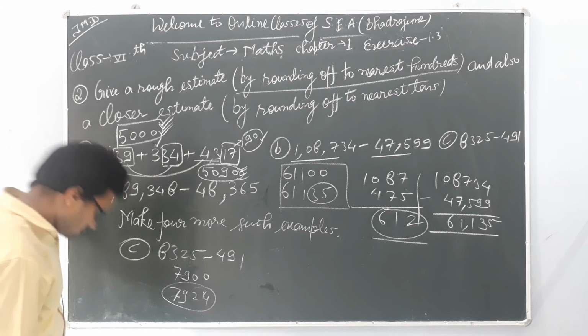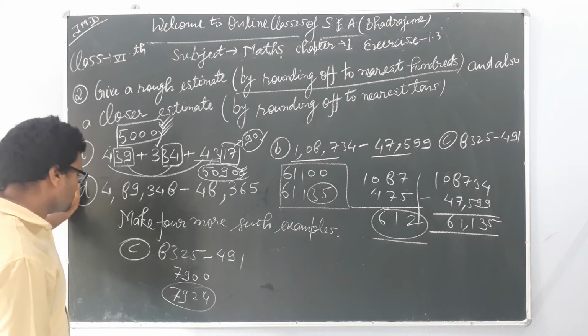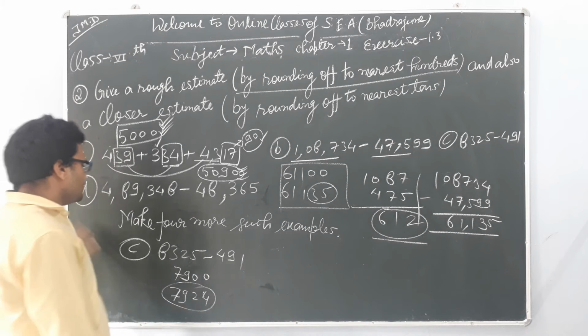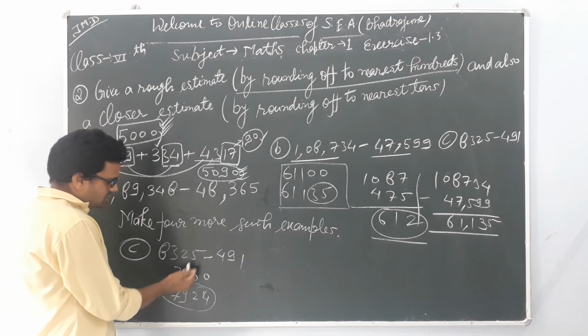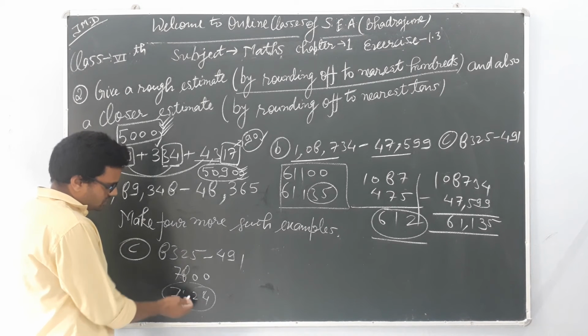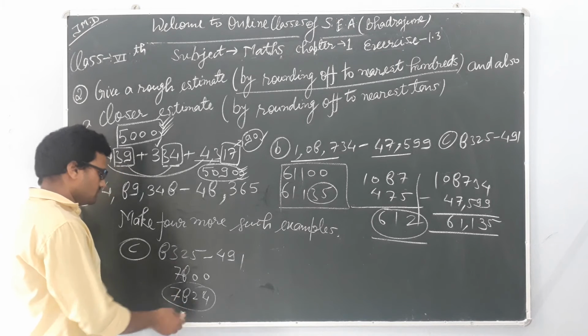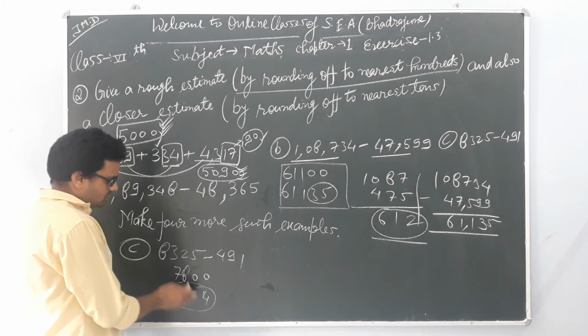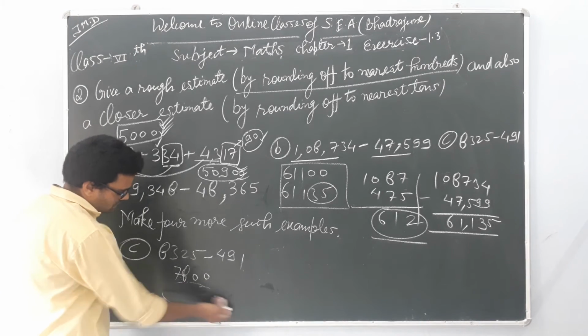Actually here we are seeing this should be 7,800. So this is 7,800. Now when we subtract, what will we get on subtraction?